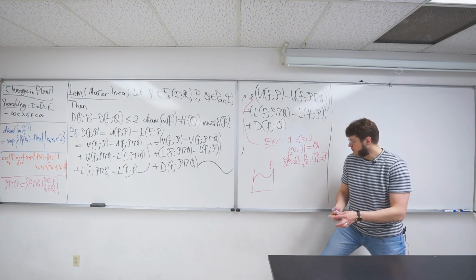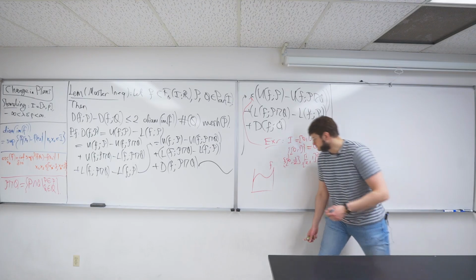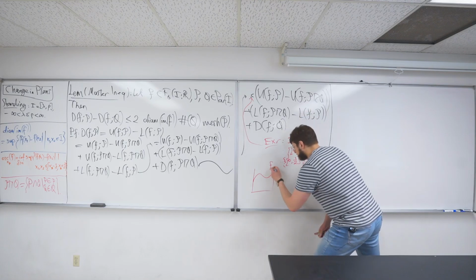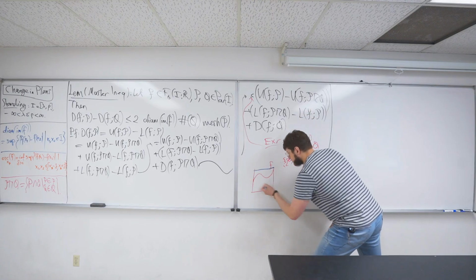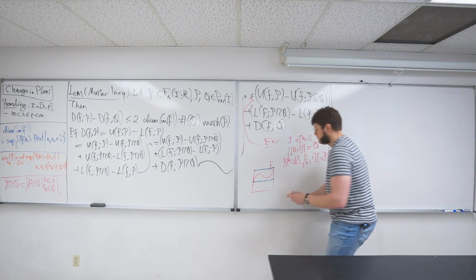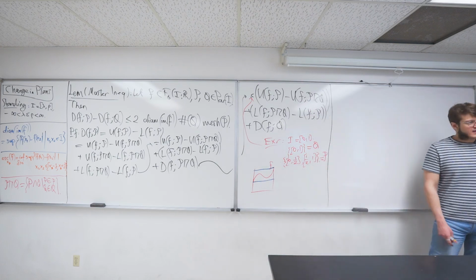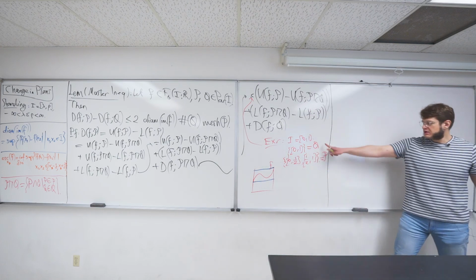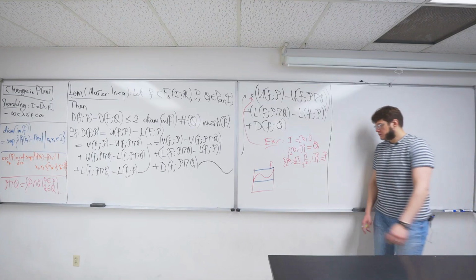How do I figure that out? Well, I'm going to look at this and this. The area of this rectangle is the Darboux aperture associated to Q.